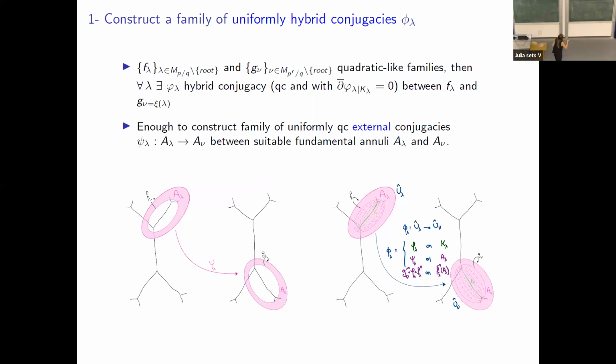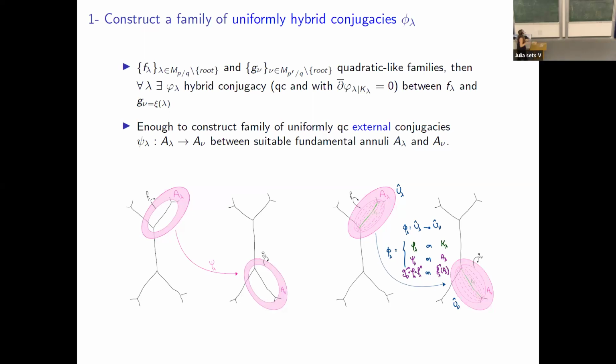I mean, this thing needs to be an equivalence, not any quasi-conformal map between fundamental annuli will work. But if it sends, I don't know, the beta fixed point to the beta fixed point, then you're fine. Okay? So by Riemann, miracle, it's enough to construct a family of suitable fundamental annuli, A lambda, with a uniform quasi-conformal map between them.